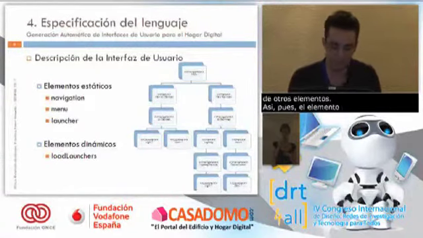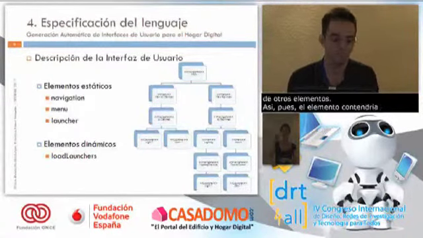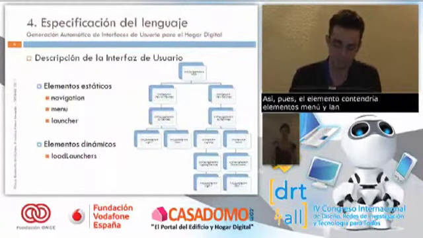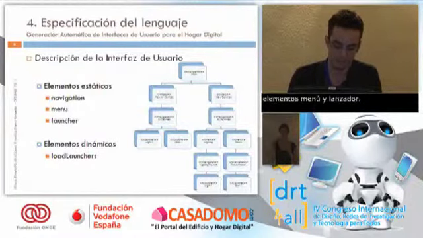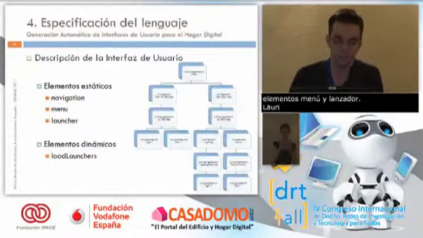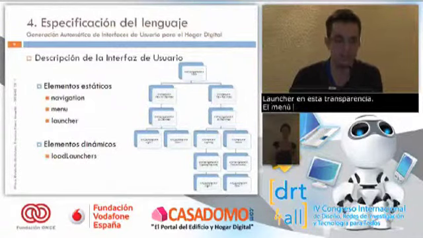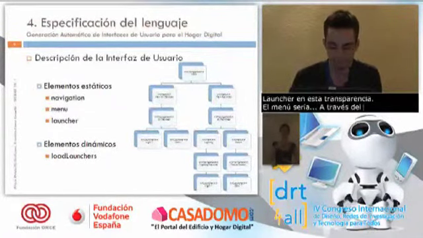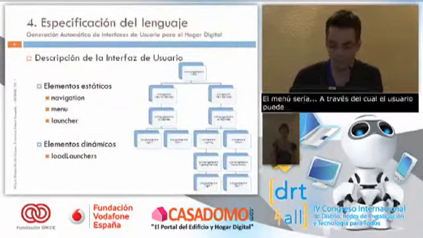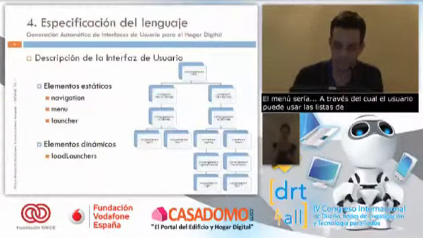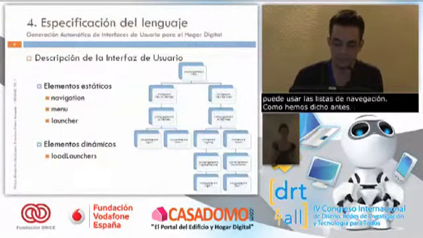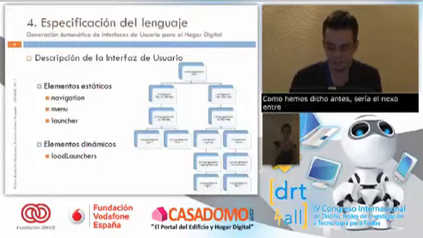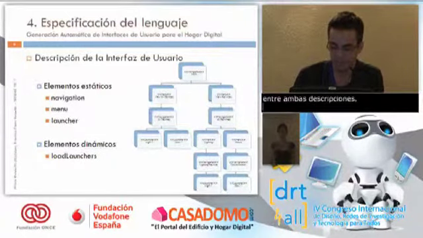So navigation may contain or would contain the menu and launcher, for example. The menu would be the access point by which the user could access another navigation list, whereas launcher, as we said before, would be the link between the two descriptions, the user interface and the services.